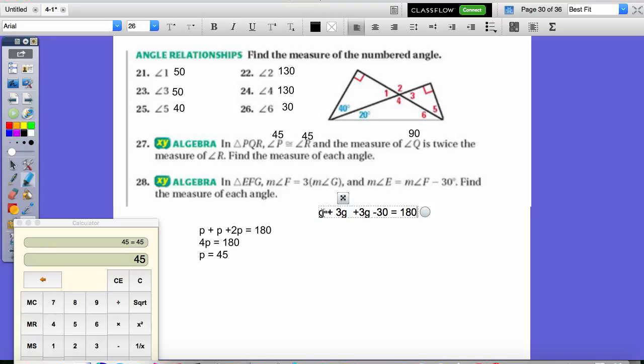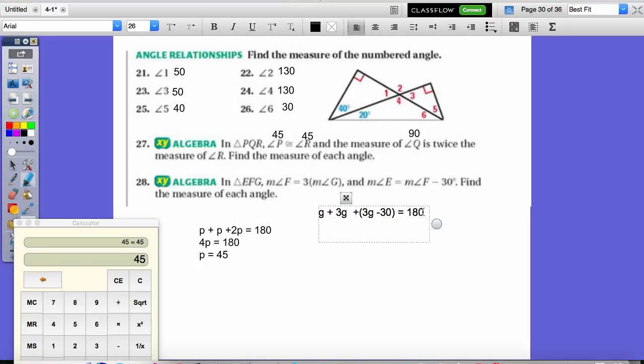So for the measure of angle F, I can put in 3G, and for E, this may help you here, it was 3G minus 30. It's a little tricky to do when I'm trying to type here.